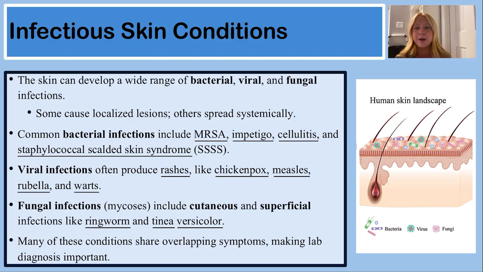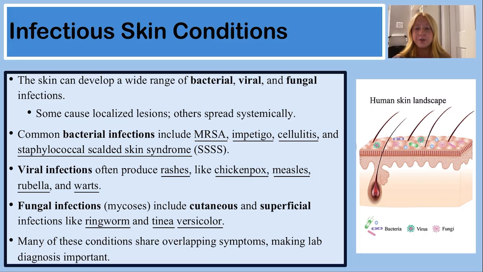So now we're talking about the range of infections that can affect the skin. Even though the skin surface is a tough barrier, it's often the first target for microbes. There are bacterial pathogens like Staphylococcus aureus and Streptococcus pyogenes, and these tend to cause abscesses or pus-filled lesions. Viral agents like varicella zoster virus, rubella virus, and measles can cause rash diseases that are often diagnosed based on their clinical appearance.